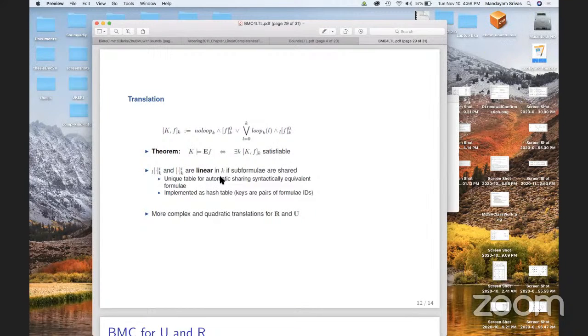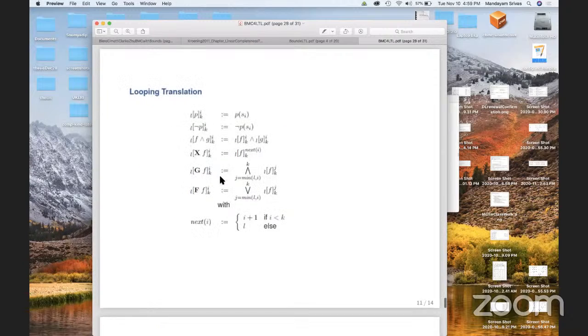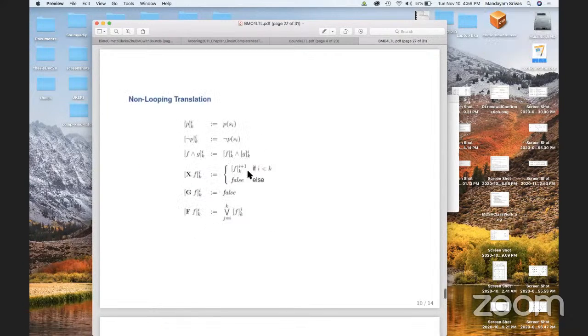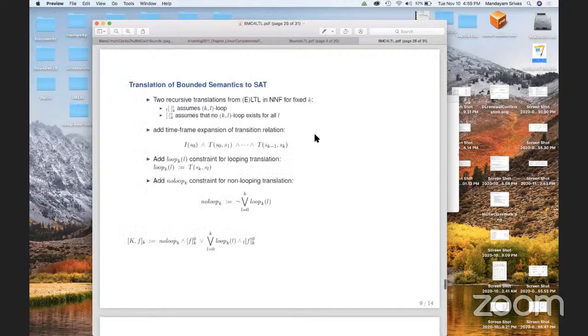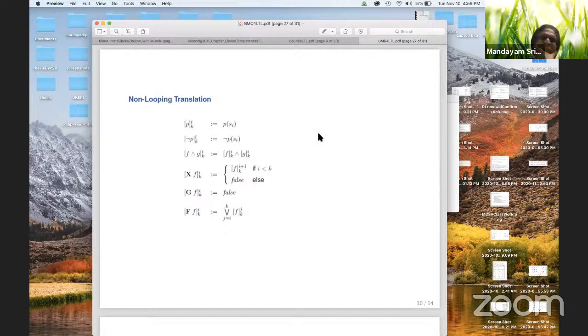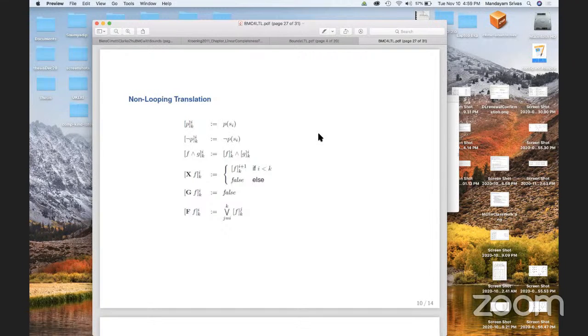So could you go to the previous slide? Okay, so next. There is a formula, finally F, from i to K, the disjunction of F at j to K, right?